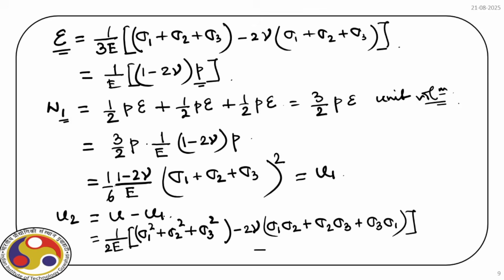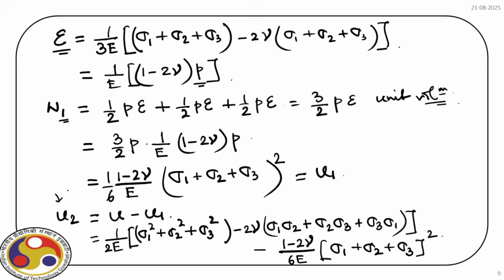Minus, we have the expression for U1, which is 1 minus 2 nu divided by 6E, and within bracket we have sigma 1 plus sigma 2 plus sigma 3 whole square. So that's the expression corresponding to the state of pure shear. So this is the distortion energy per unit volume, right?